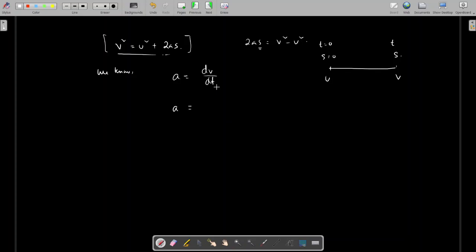But we need v. So in place of dv, what can I write? ds by dt. Let's see, in place of dv, if it is ds by dt, it will be dt square. No.